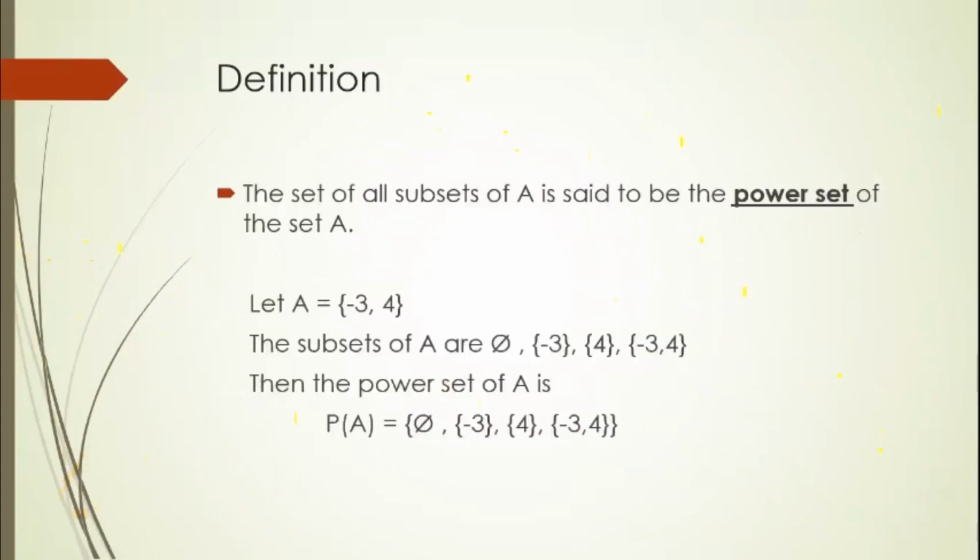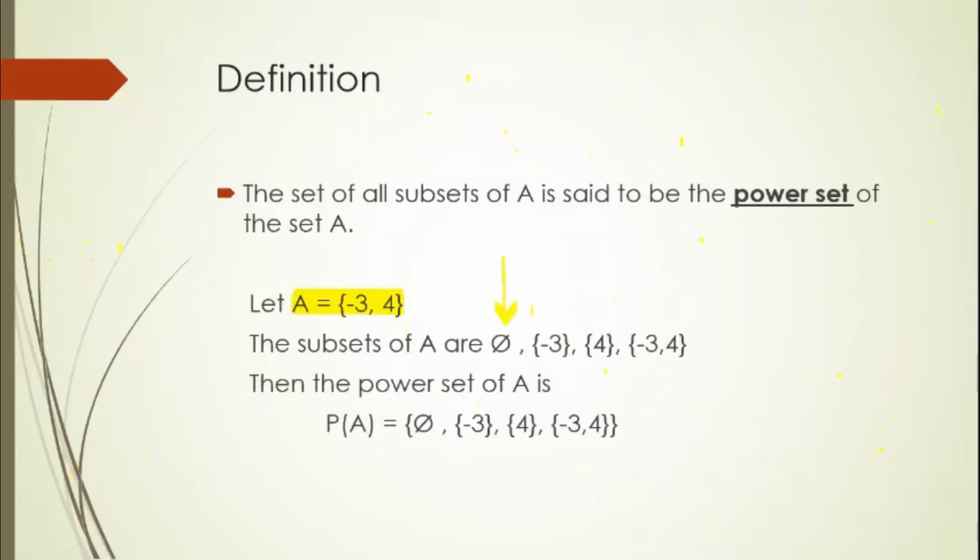And then we have the power set. The set of all subsets of A is said to be the power set of the set A. So we have here the example. Set A contains the elements 3 and 4. If you are asked what are the subsets of this power set, we begin again with the concept of the empty set.